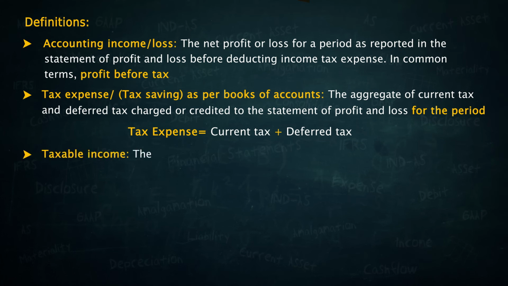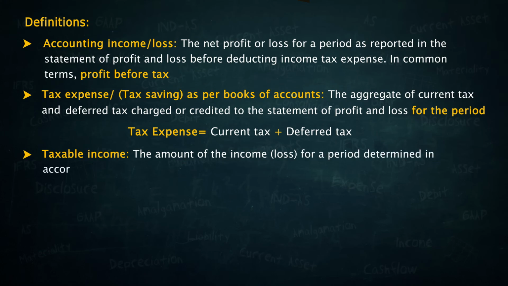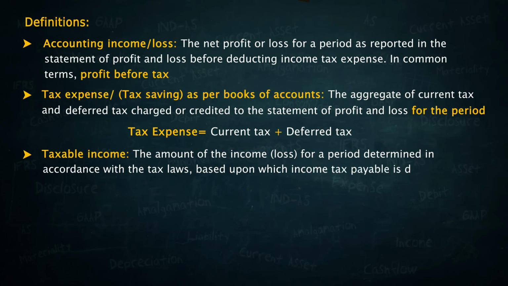Taxable income. The amount of income for a period determined in accordance with tax laws based upon which income tax payable is determined. So basically the tax based calculation, we call it IT Act, right? So as per Income Tax Act, whatever we calculate as income, we call that as taxable income.